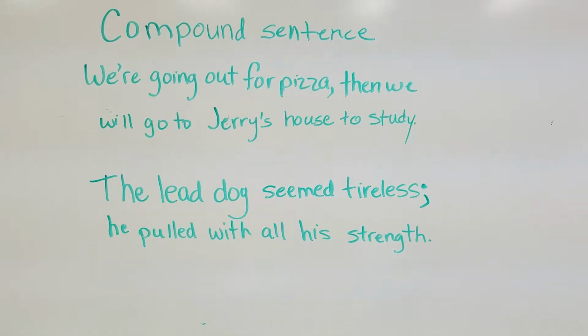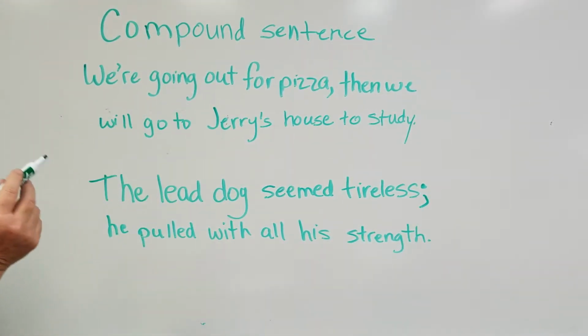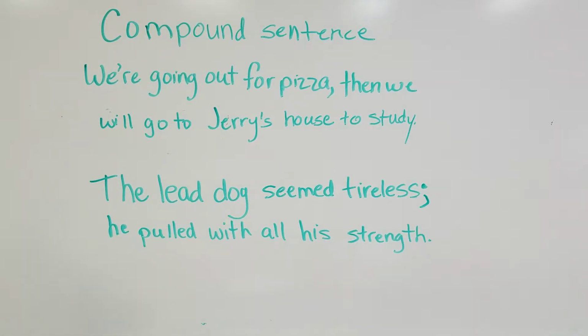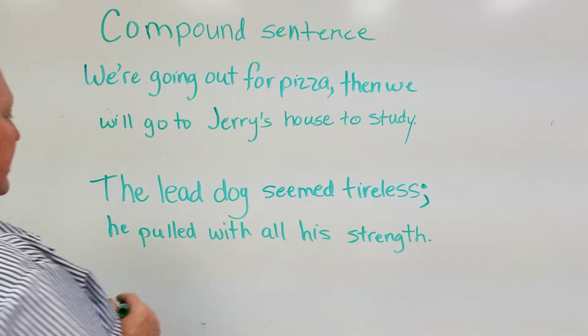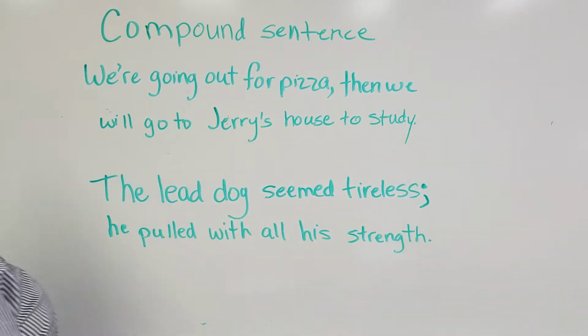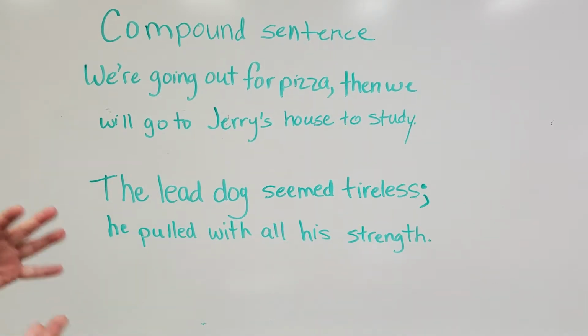Okay, and then we have some examples of compound sentences here. Two examples, actually. We're going out for pizza, then we will go to Jerry's house to study. Okay? The second one is, the lead dog seemed tireless. He pulled with all his strength. A compound sentence is two simple sentences connected together in some way.